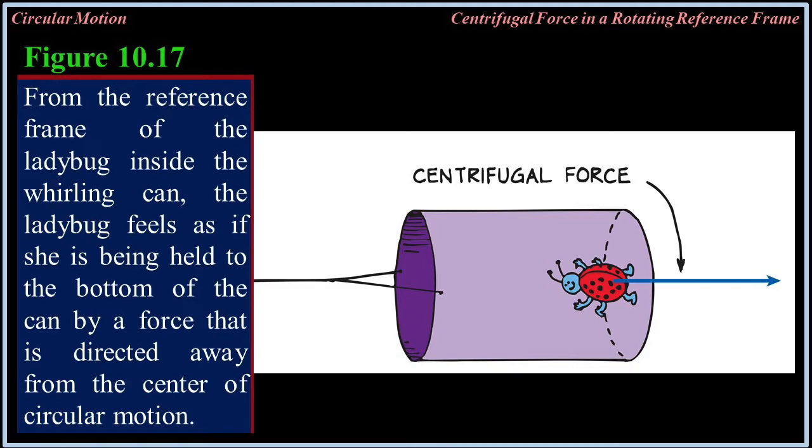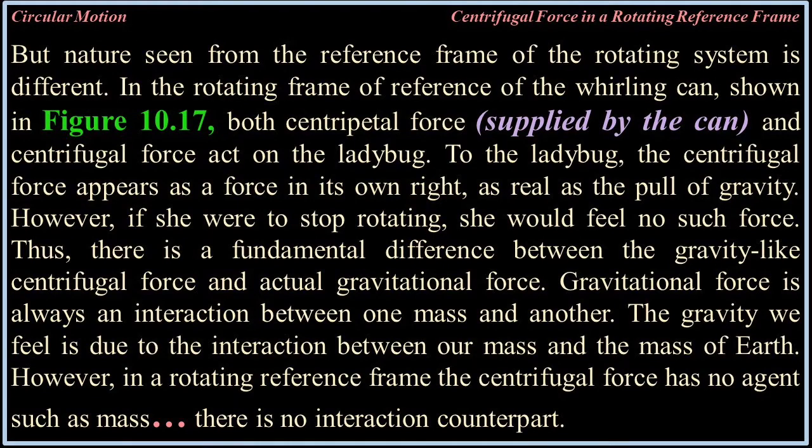To the ladybug, the centrifugal force appears as a force in its own right, as real as the pull of gravity. However, if she were to stop rotating, she would feel no such force. Thus, there is a fundamental difference between the gravity-like centrifugal force and actual gravitational force.